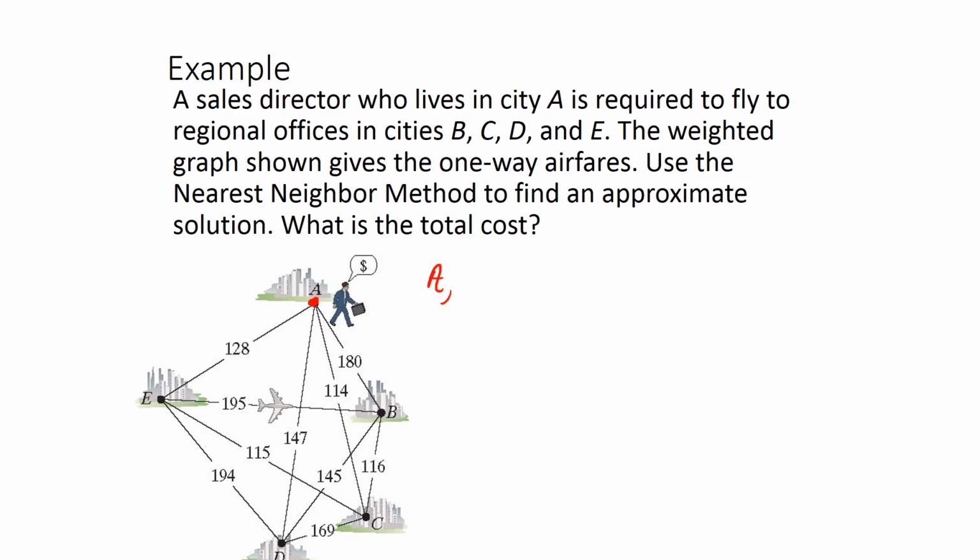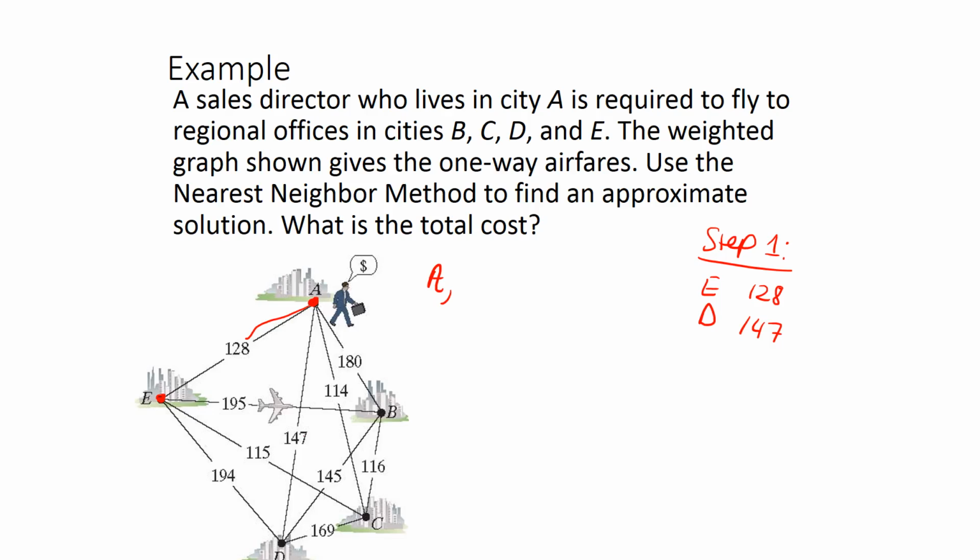So from city A, we go to the least cost city. If from A we could go to E, which is 128. If we went to D, that's going to cost 147.